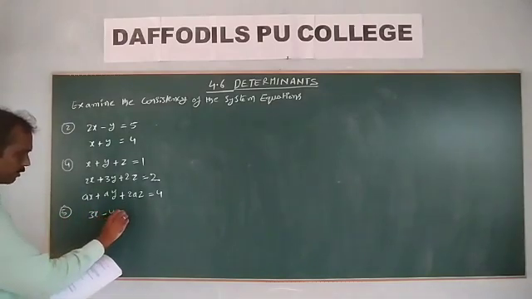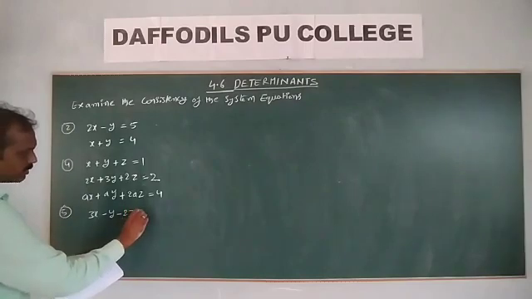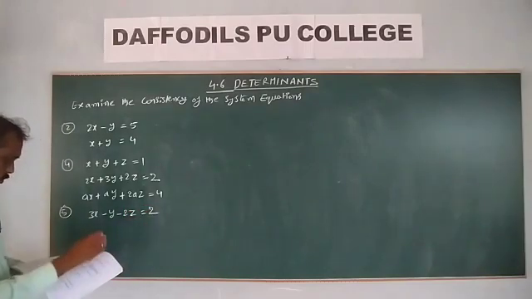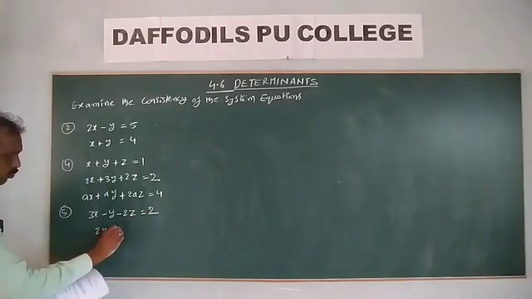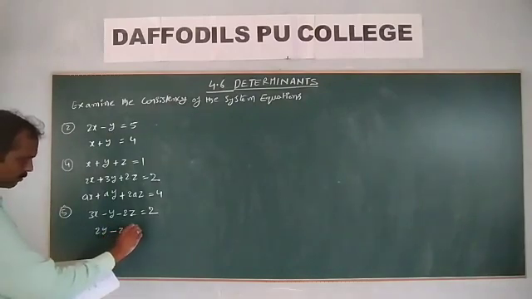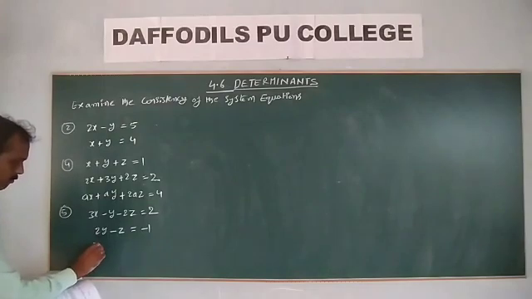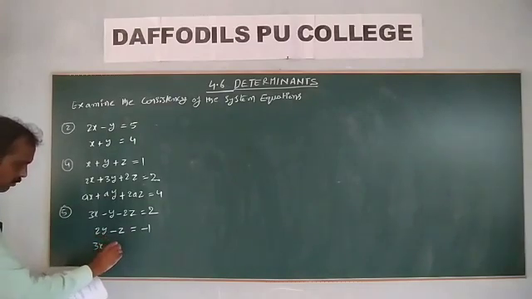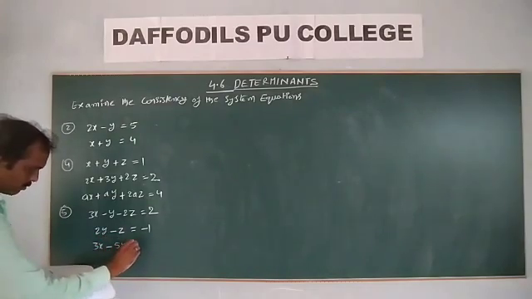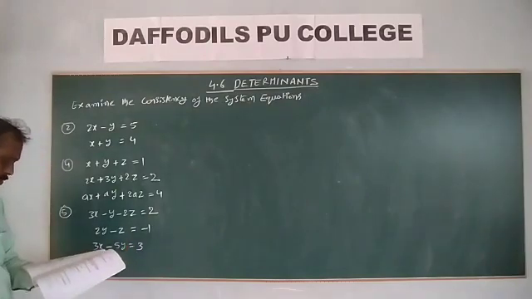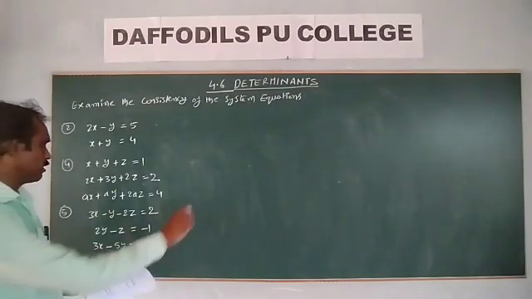3x minus y minus 2z is equal to 2, 2y minus z is equal to minus 1, 3x minus 5y is equal to 3.